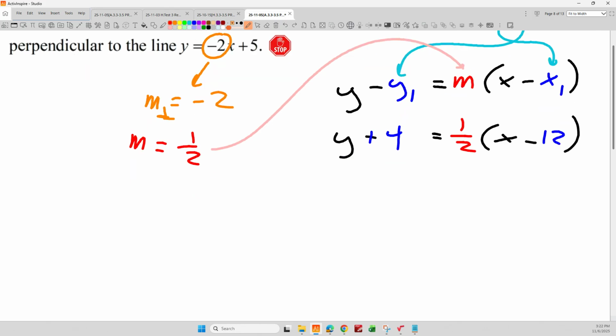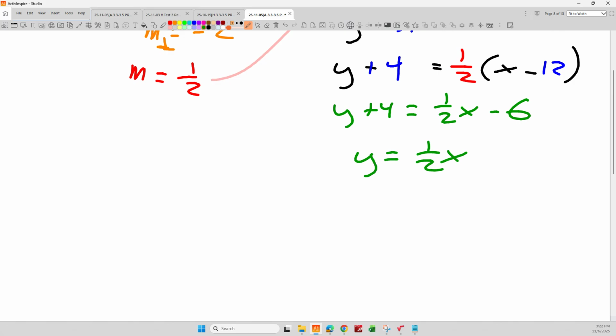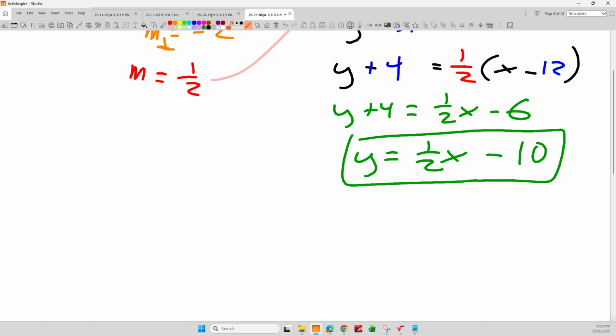If I distribute that slope, what am I going to get if I distribute the 1/2, everybody? Okay, and then last step, subtract 4. So what am I going to get? 1/2 x. There it is. Done.